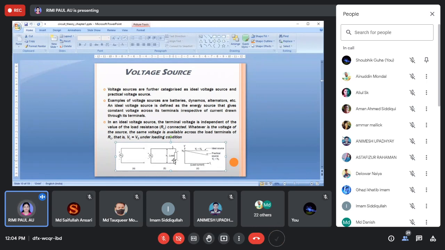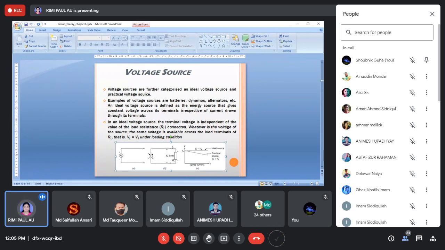So if it draws current, you may think there should be a change in the source, but then it would not be an ideal source. An ideal source will always give you a constant supply voltage, whatever element is present, across its two terminals it will give the specified voltage. If it is 5 volt, it will give 5 volt. If I draw V versus IL, the voltage versus current graph, the supply voltage Vs is constant ideally, but practically there is a slope, possible only because of its internal resistance.